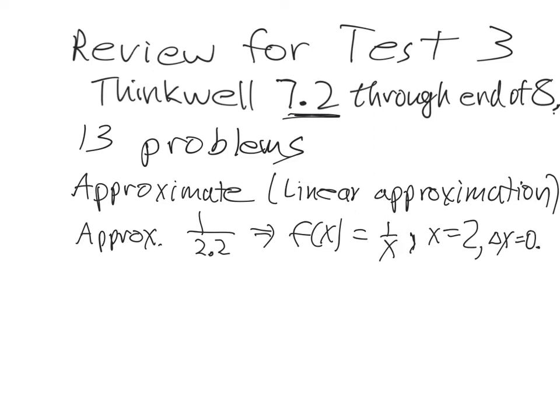Okay, 0.2. Now, delta x would be the given value minus the nice value. Now, had this given value been, say, 1.9, then delta x would be what? We'd still use 2 as our nice value, but delta x would be negative 0.1. We'd have to take whatever this value is minus our nice number. So you could get a negative value for delta x.